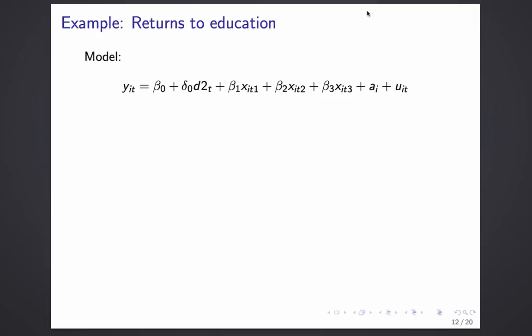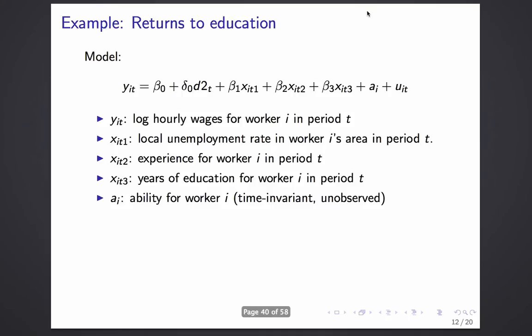Okay, let's have a look at an example. Let's go back to this example of returns to education. In this case, our dependent variable is hourly wages, and we are interested in understanding how hourly wages depend on various characteristics. In this model, we have three explanatory variables. The first one is the local unemployment rate in a given worker's area in a certain time period.